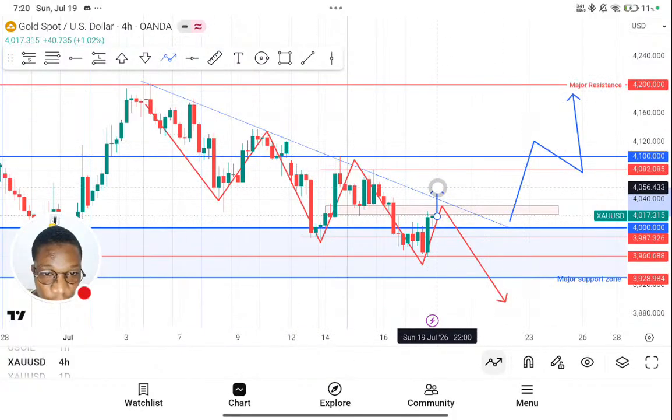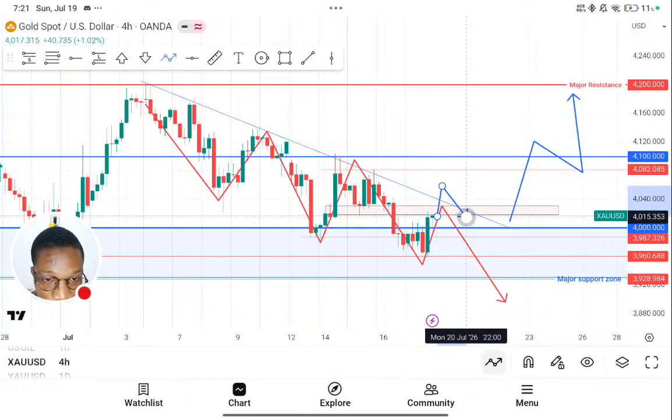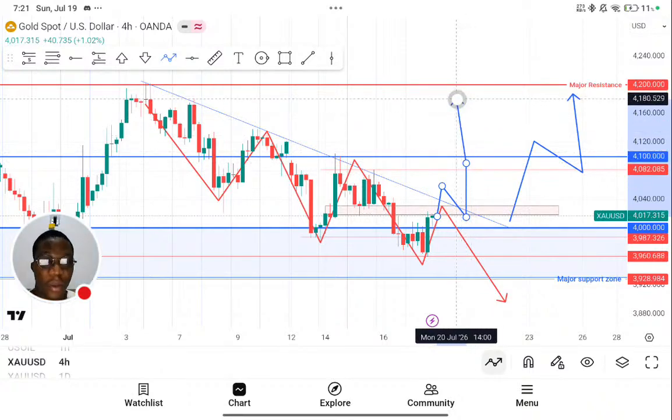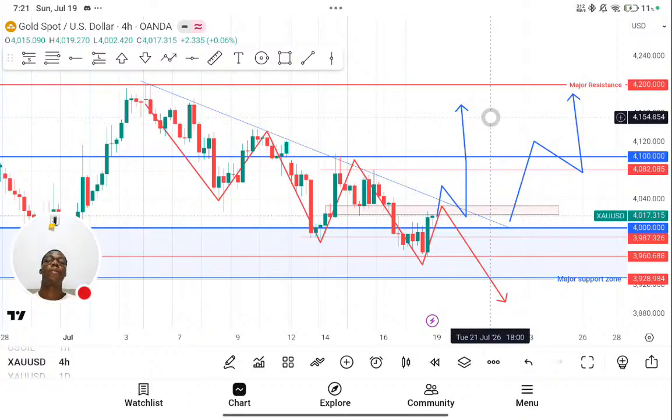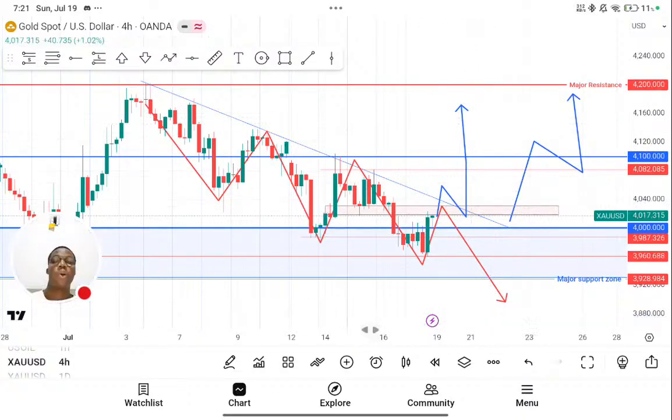So if it breaks this level, it doesn't respect, you just wait for a retest again, then continue, take profit here, take profit here. That's what we're going to be looking at from gold.